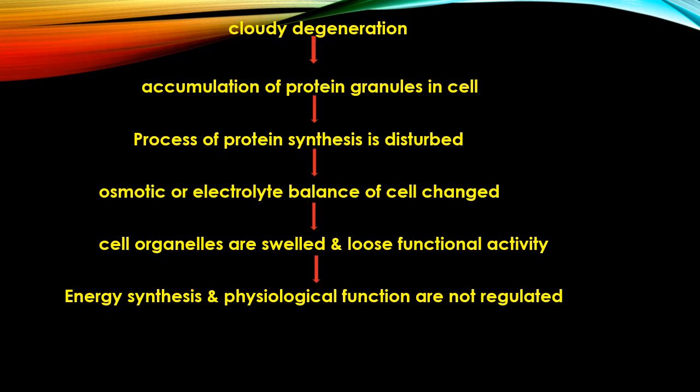They lose their shape and functional activity, and hence energy synthesis stops completely. Due to this, active transport and other physiological functions of the cells are not regulated, and along with electrolytes still more water enters the cell. This is how the whole metabolism of the cell is altered, and the weight and size of the organ increase.